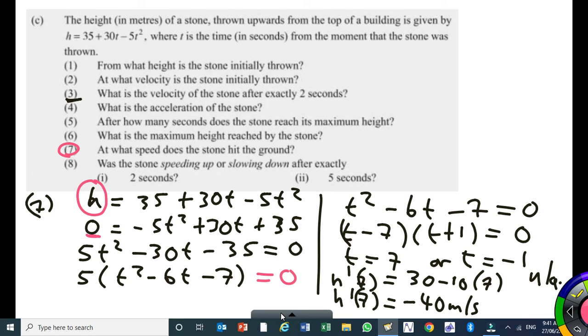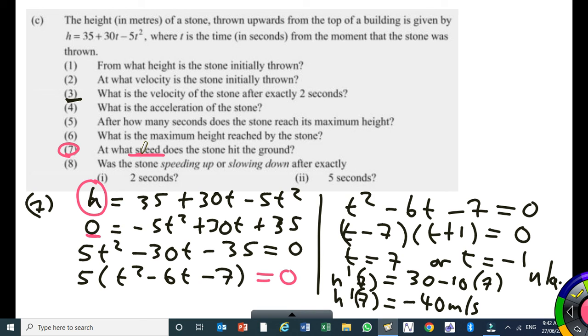But those 7 seconds now, we need to substitute them into the velocity function, because the question is asking for speed. Speed and velocity have a relationship. So when you substitute t equal to 7 into the velocity function, remember we got our velocity function before. It's our first derivative. So we substitute, you get minus 40 meters per second.